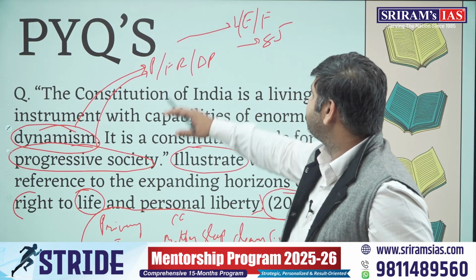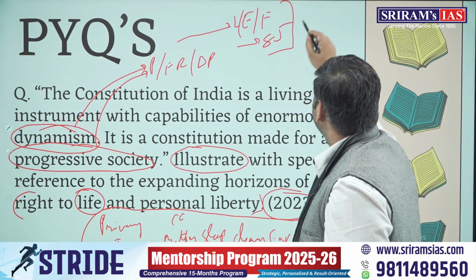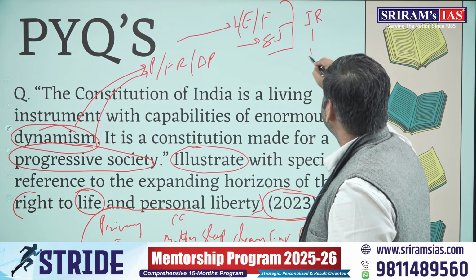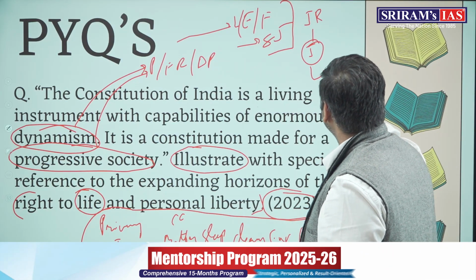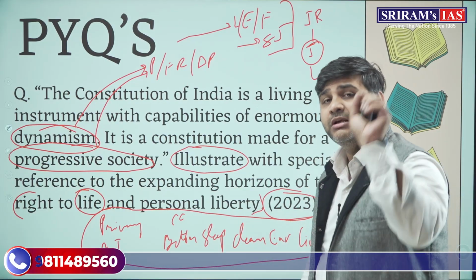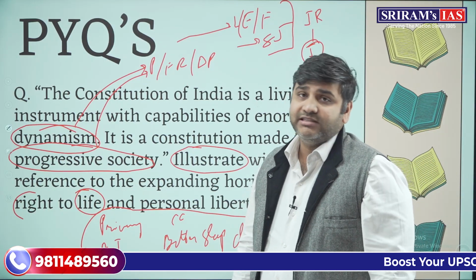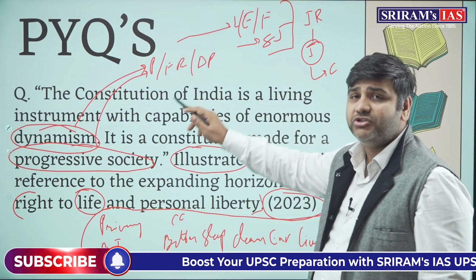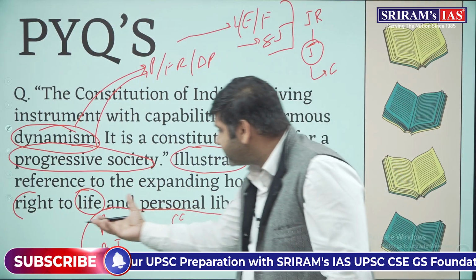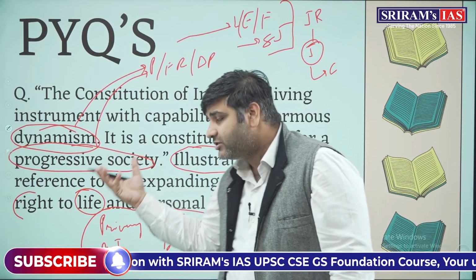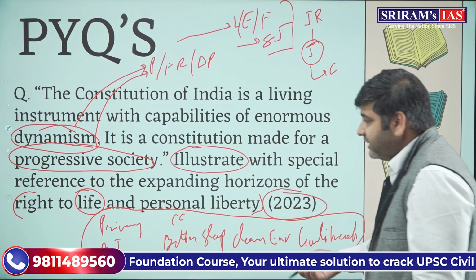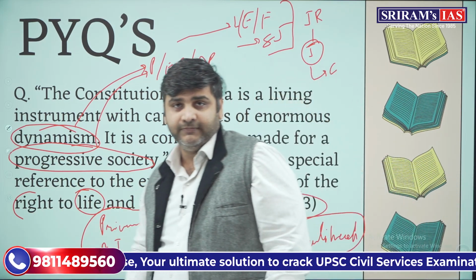So we do have this dynamism, and at the same time there is this power of judicial review in the hands of the judiciary, which checks the constitutionality of the laws passed by the legislature, and it also interprets the Constitution, and hence it has interpreted Article 21 specifically to include all these angles into life and personal liberty.